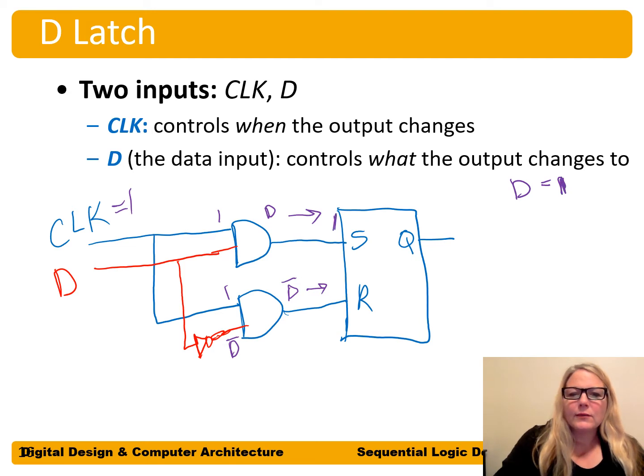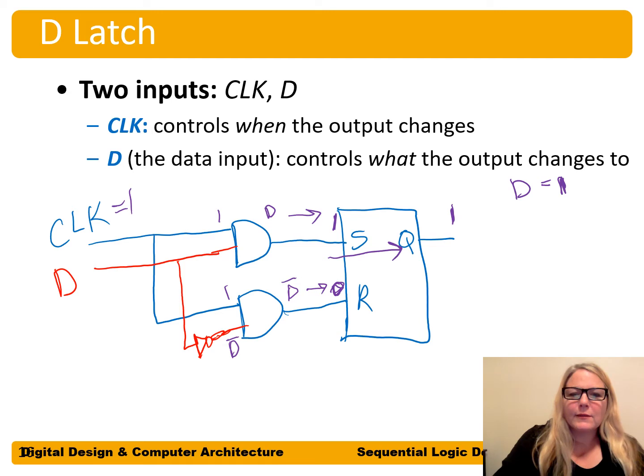Well, then set is 1, the set input of the SR latch is 1, and reset is D bar or 0, and the output Q sets to 1. And so when clock is equal to 1, D just essentially flows through to Q.